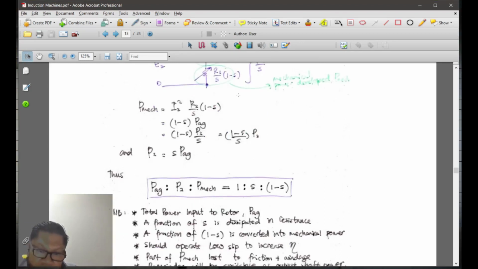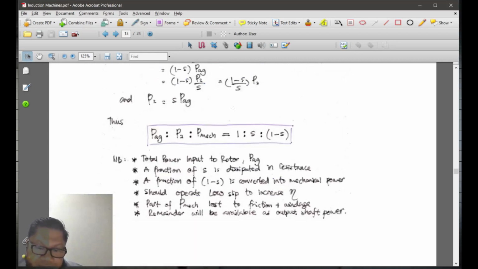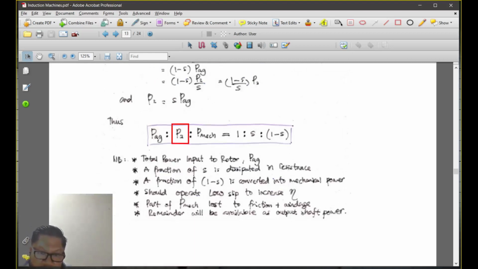P2 is the power in the rotor side, so you can have this ratio.